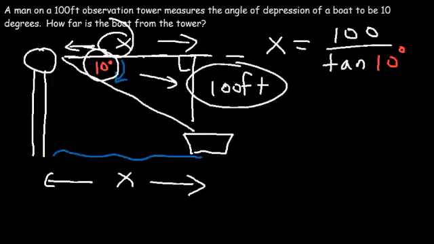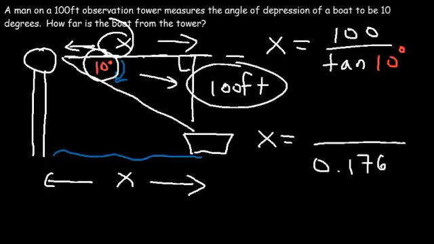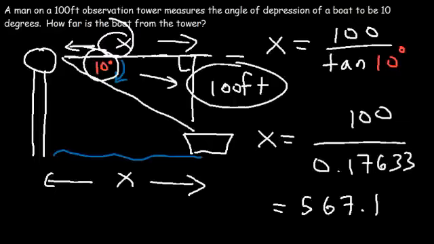Tangent of 10 degrees is about 0.17633. So 100 divided by that number is about 567.1. So that's how far away the boat is from the shoreline or from the observation tower. It's 567 feet away from it.